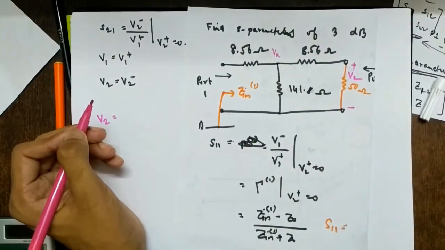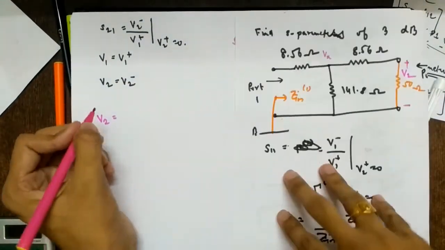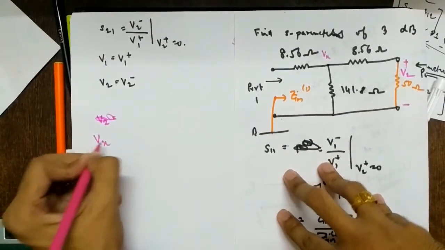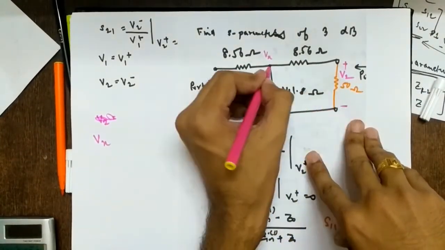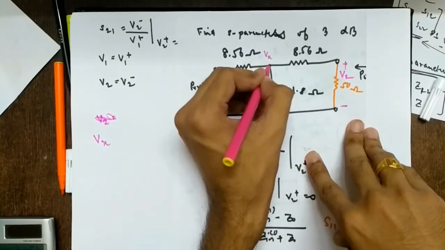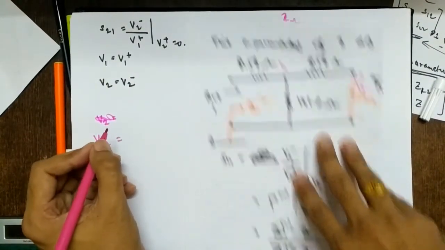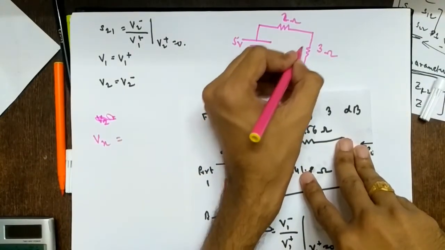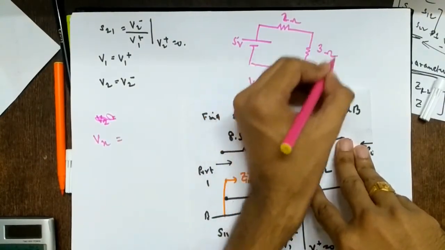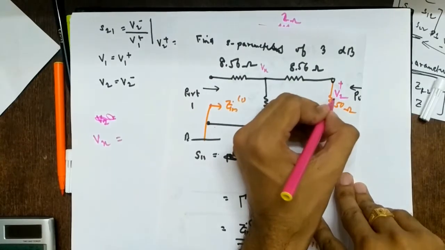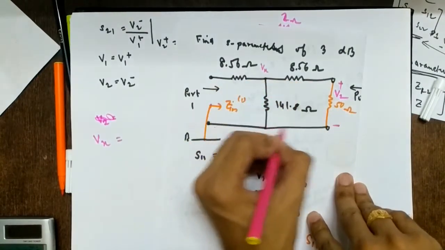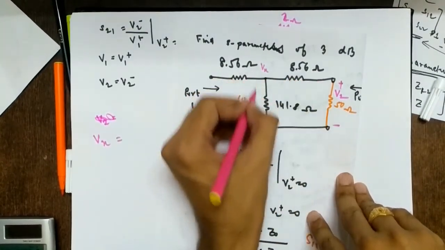So how will we calculate this? First we need to find Vx, because for this loop, this is the total voltage. It should be the voltage across the resistor which you are finding, so actually this whole loop should come. This is by the definition of the voltage division rule.